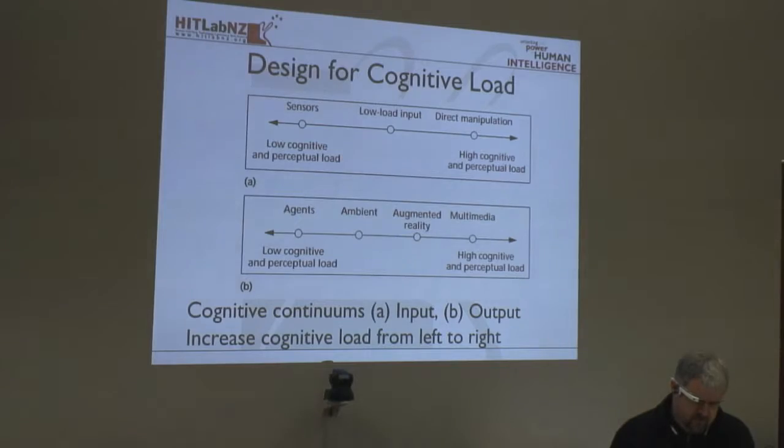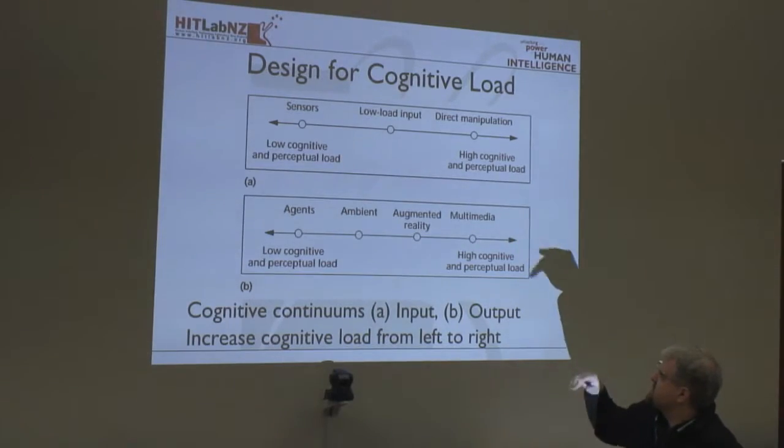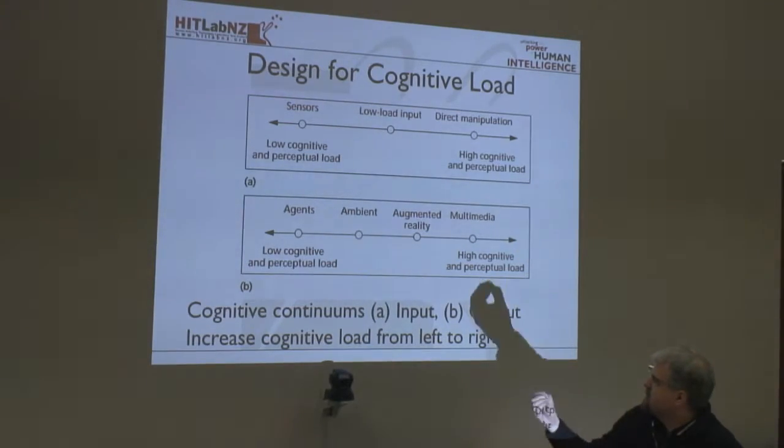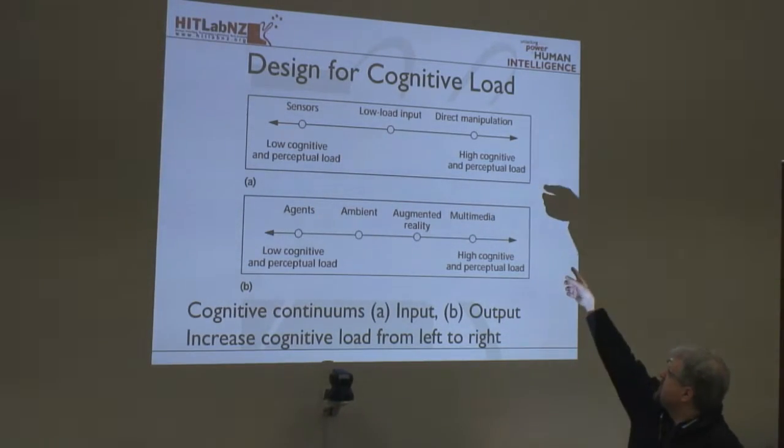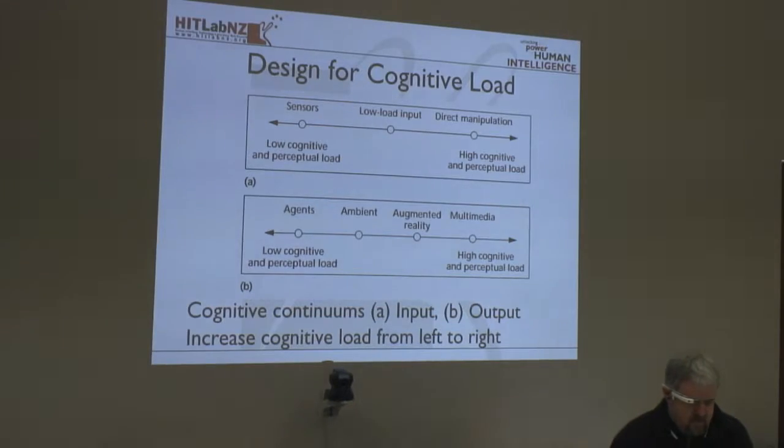You also have to think about designing for cognitive load. With computer interfaces, you can have a continuum depending on how much input the interfaces require. For example, with direct manipulation, if I'm using my mouse and keyboard, this requires quite a lot of cognitive load, and I have to look at the screen as well, so I've got both perceptual and cognitive ability engaged at the same time.